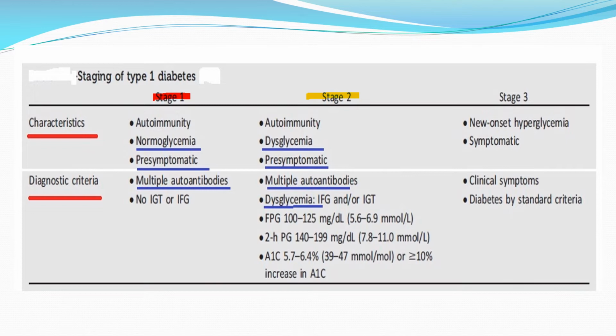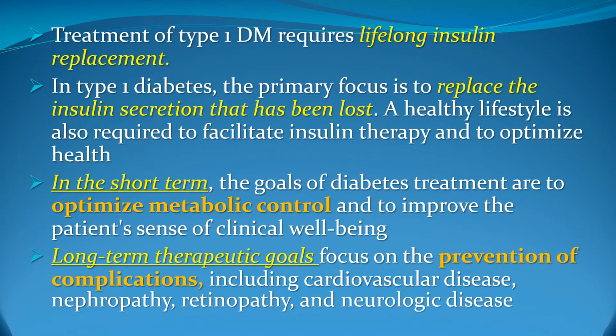But the patient at this stage is also not symptomatic. And finally, we go to stage 3. In stage 3, the diabetes is established and the symptoms are very apparent, and diabetes is diagnosed by the standard criteria.